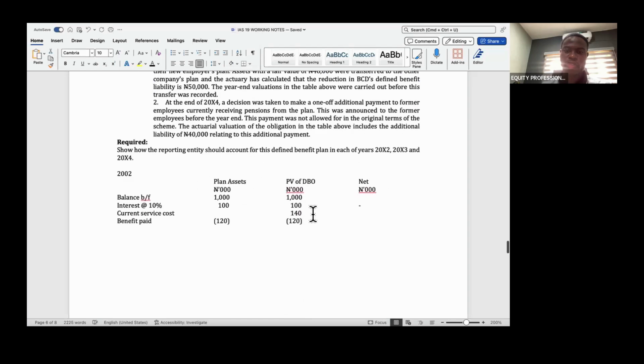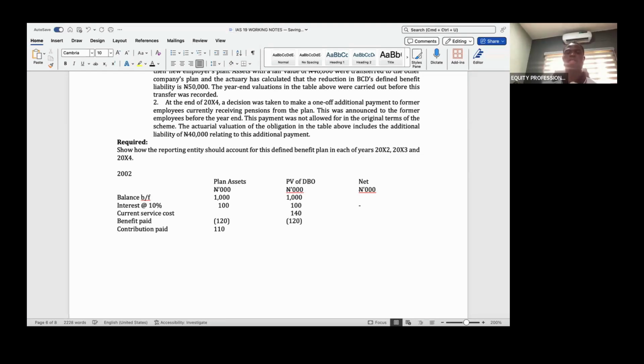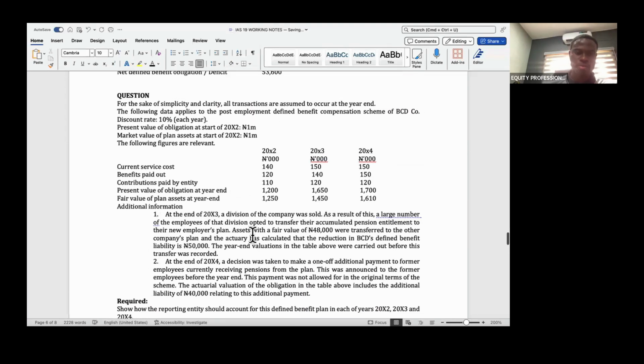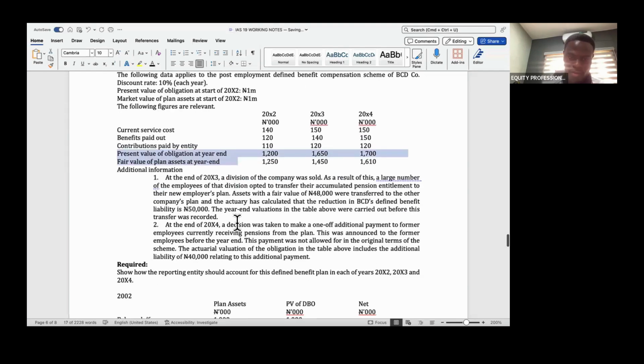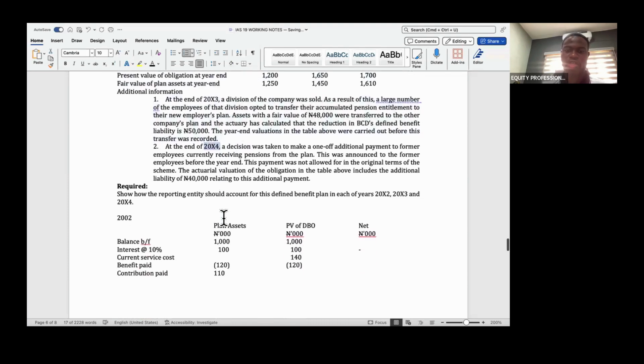Contribution paid of 110. Where will it go to? Assets. Correct. We'll add it to plan assets. That's where we are contributing to. Then they gave us the fair values. Okay, we'll come to that. And the additional information given to us was about 20X3 and 20X4. So when I get to that year, I will deal with that.